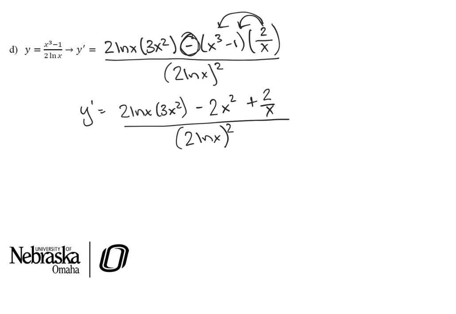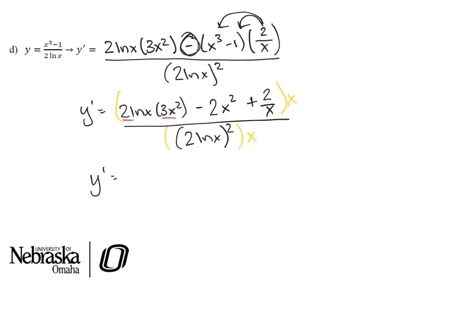And like before, we don't want a fraction within a fraction, so we're going to multiply the entire numerator and denominator by x. So we would have 2x natural log of x times 3x squared. Let me simplify that. Here we have 2. We can combine the 2 and the 3x squared, and then we also have the x multiplying.